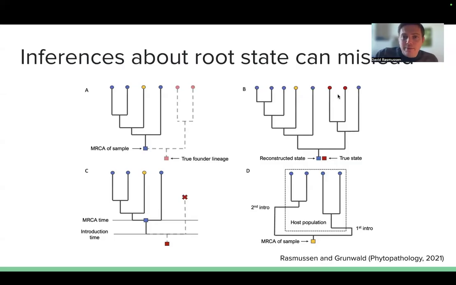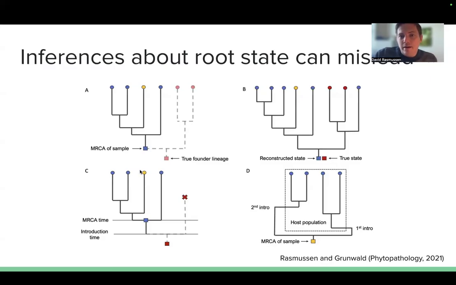This would happen especially if we've undersampled from the true location, because then samples from the true root location might be nested within clades of samples from other locations, which could mislead us about the likely location of the root.